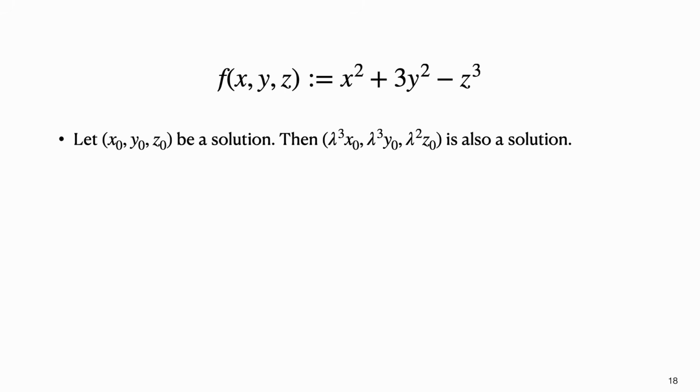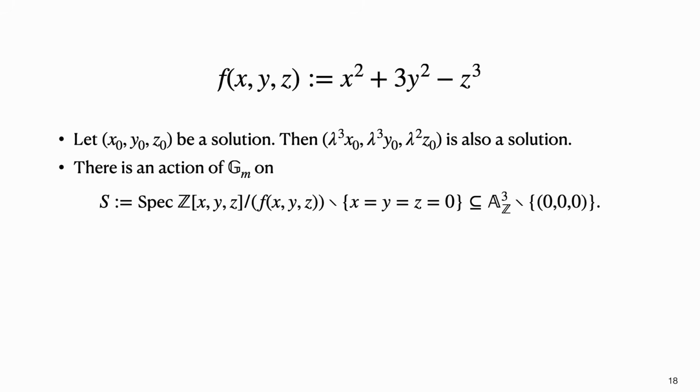If we rescale the equation, then we get a lambda to the 6 from this term, lambda to the 6 from this term, and lambda to the 6. So now we are back to being able to take out powers of numbers. It's not the same power, so we need to be a little bit careful, but we can still have an action on the solutions by constant lambda.